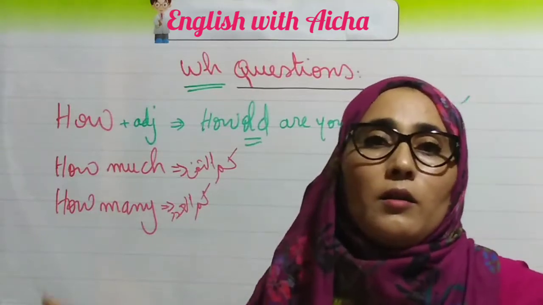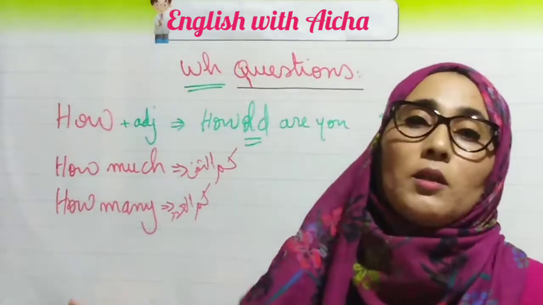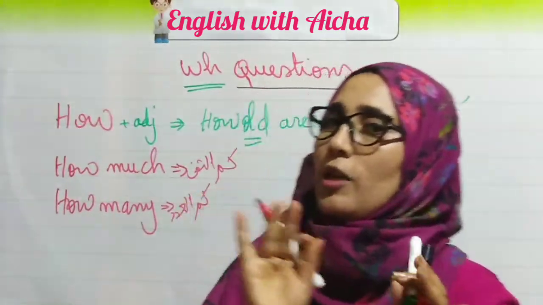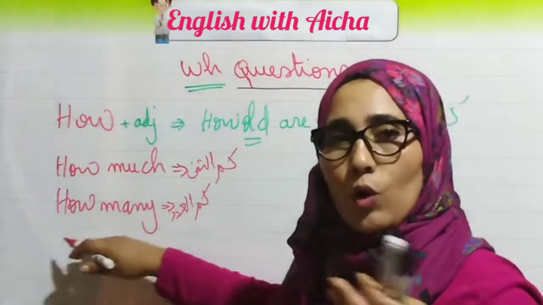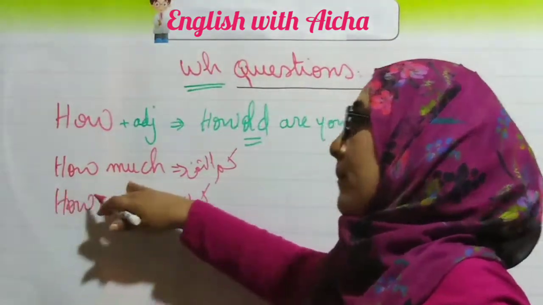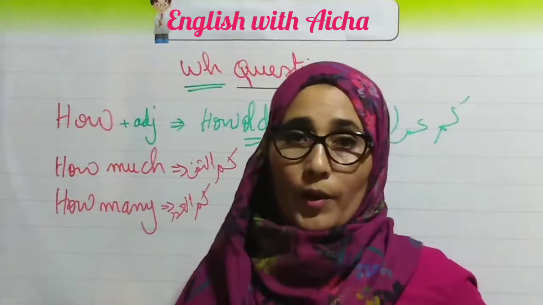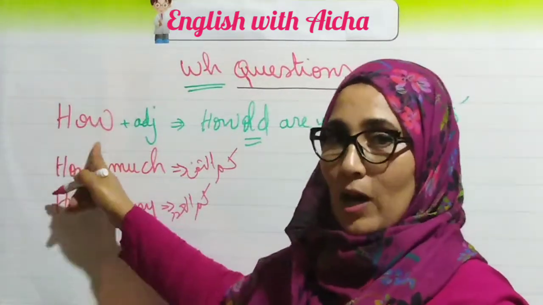How many books do you read? How many friends do you have? I don't have a lot of friends. I just have few friends. For example, for number we use how many, and for price we use how much. Okay? Great. That was for the WH word how.